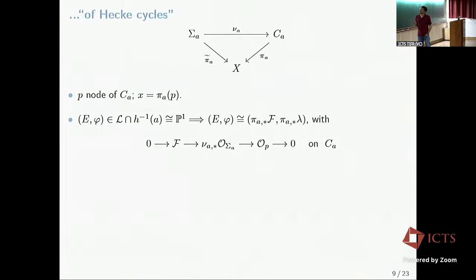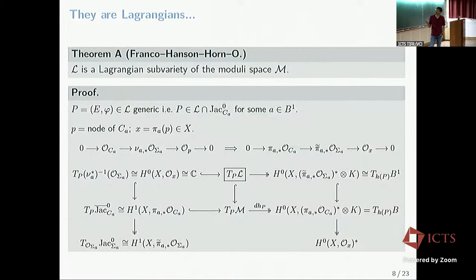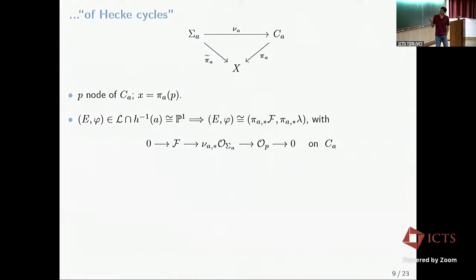And why do they call them Lagrangians of Hecke cycles? Because, let's now denote the node of our spectral curve by P. Let x be the projection of the node into the base curve. It turns out that if you have this Higgs bundle in our Lagrangian in a fiber H, then remember that the Higgs bundle is the pushforward of a sheaf on the spectral curve, and the Higgs field is this one.